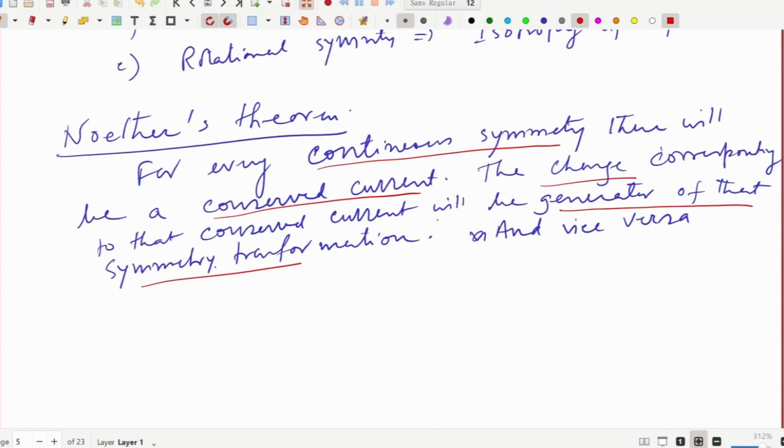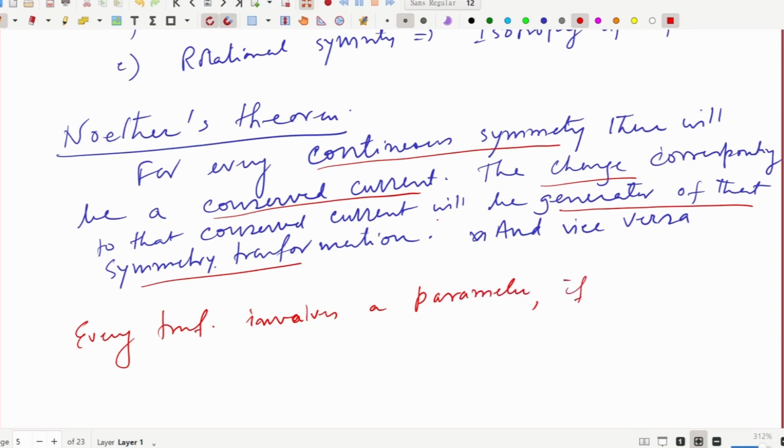So, what is continuous symmetry? Every symmetry or every transformation involves a parameter.